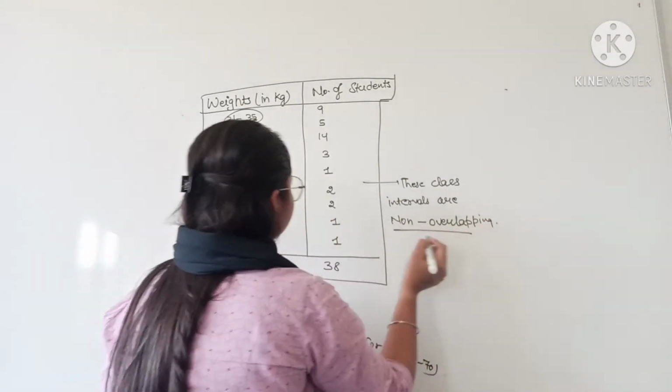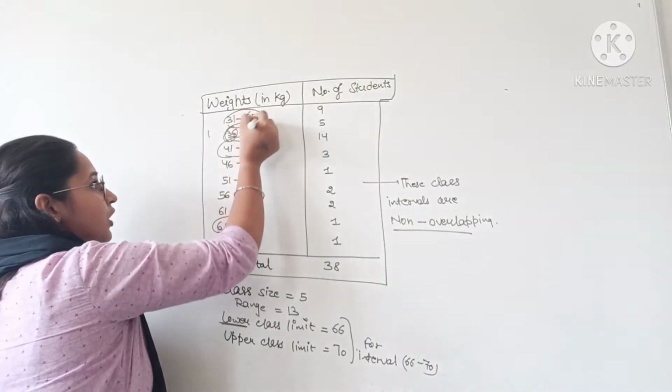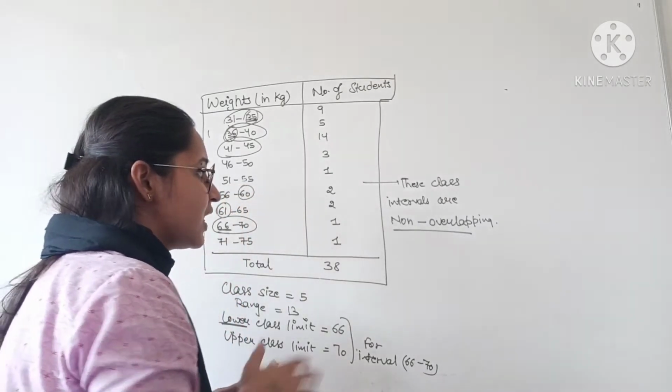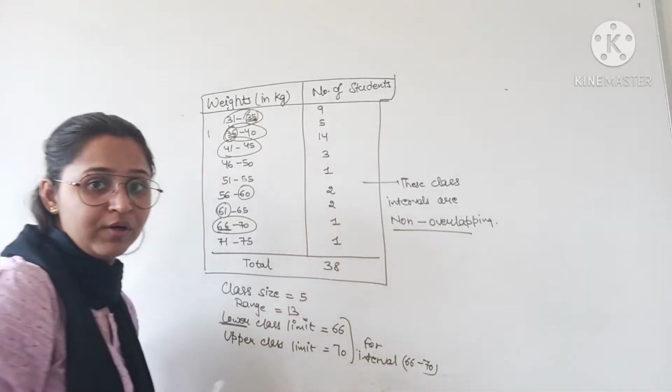Non-overlapping means this value is not equal to this value, or 60 is not equal to 61.